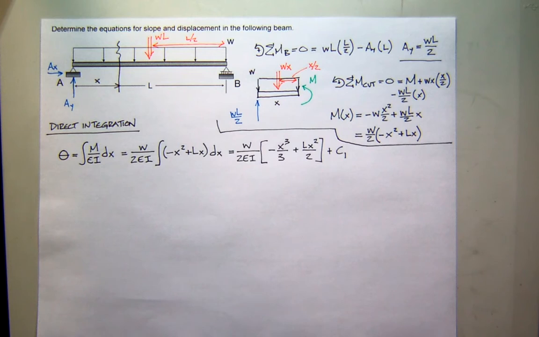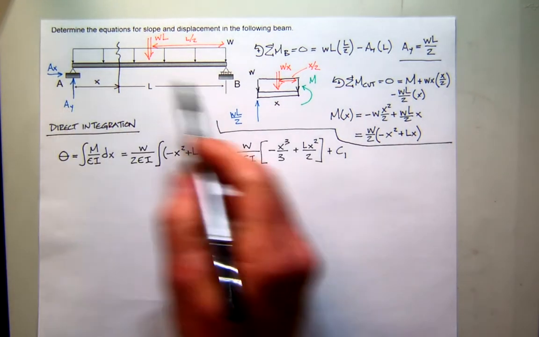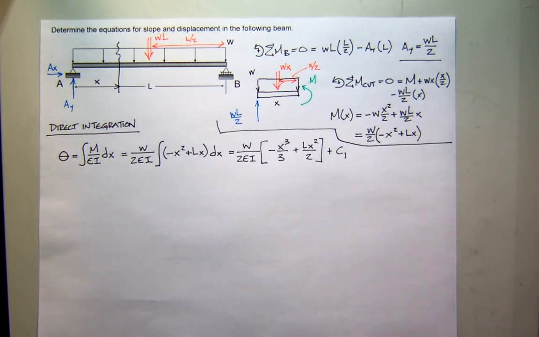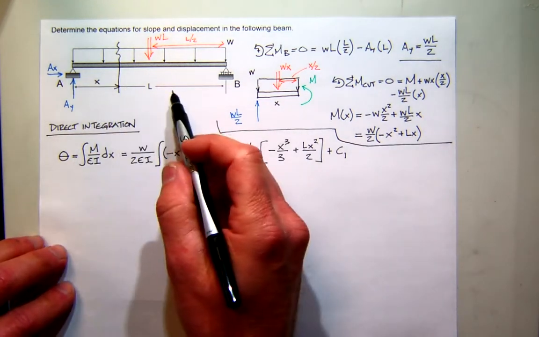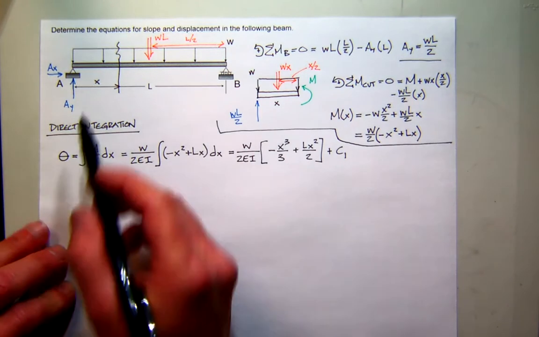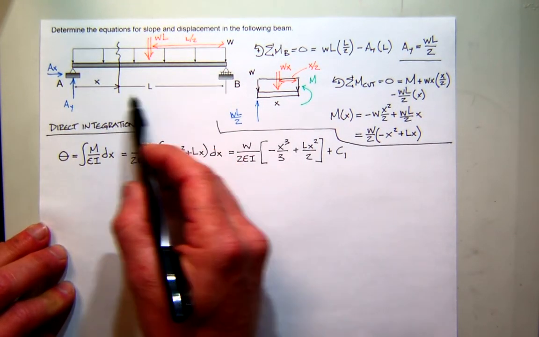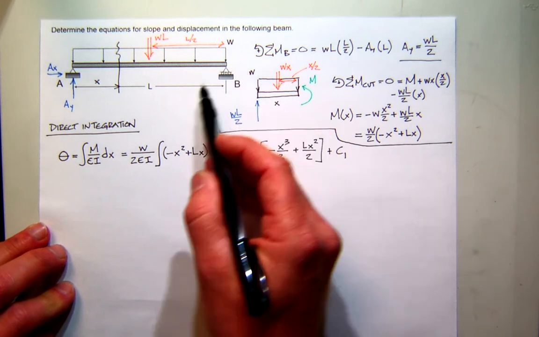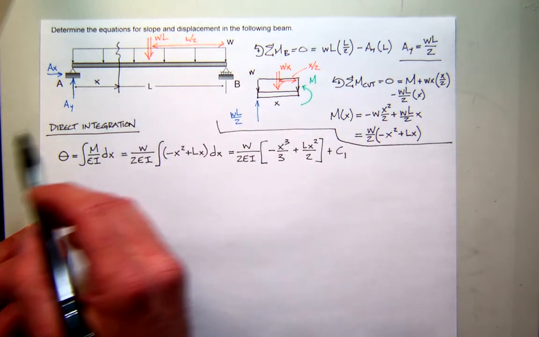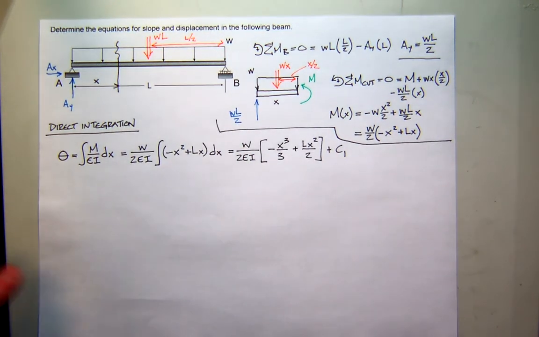Do we know anything about slope in this beam? Do we know the slope at A or B? No. Somewhere out here in the middle, the slope would be 0, because we're going to start with a negative slope, go through 0 slope, and end with a positive slope. But right now we're not sure where that 0 slope will be. So until we find out otherwise, we have to leave C1 alone.